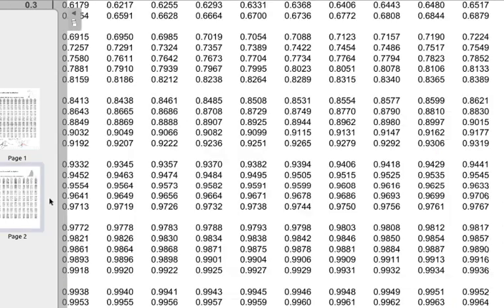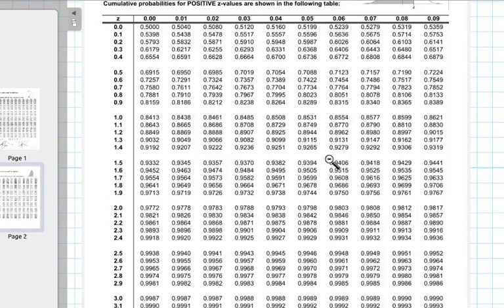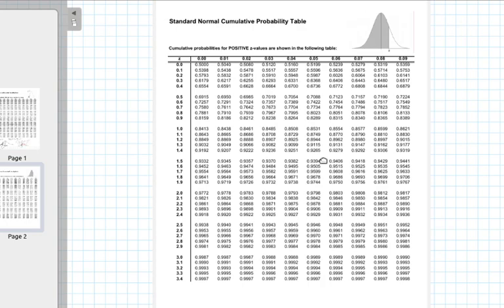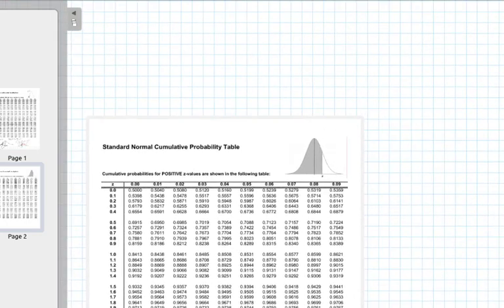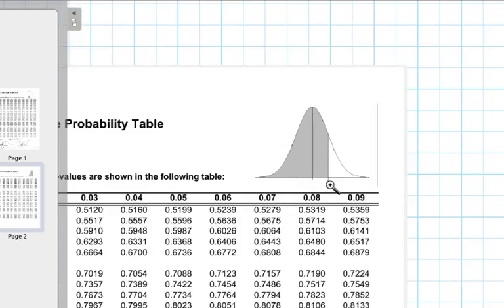This second page is the exact same thing, the second page of the standard normal distribution chart. But you'll notice the only difference here is that my z is now to the right of the mean. Before, we were dealing with negative values of z. For the second page, this is just dealing with positive values of z.